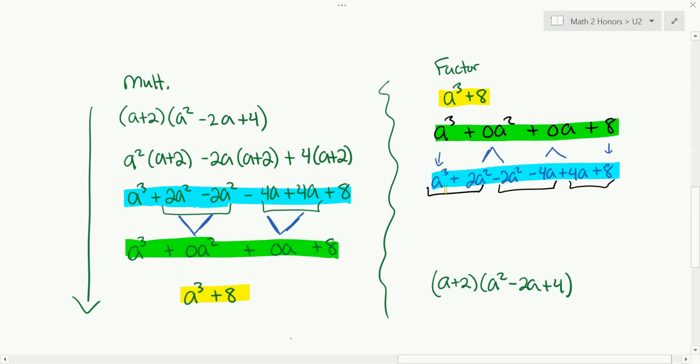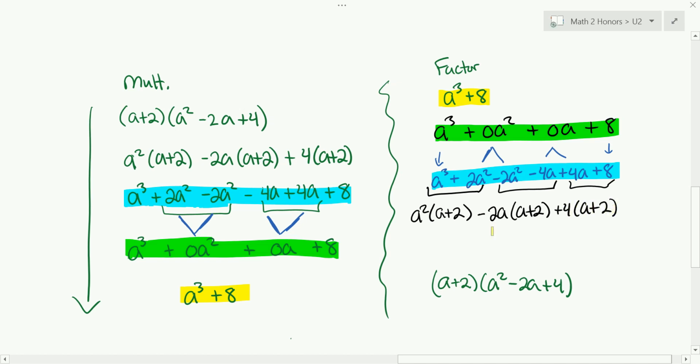What can I pull out of the first 2? A squared, what's left? A plus 2. What would I pull out of the second set? Negative 2a, and we're left with an a plus 2 again. And the last set? 4, and we're left with an a plus 2 again.